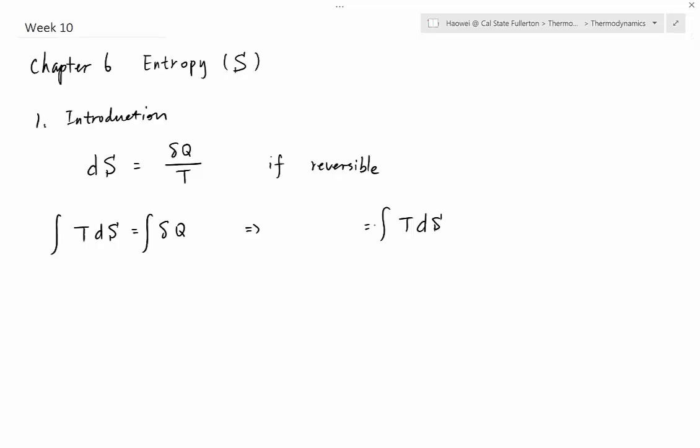The integral and the derivative cancel each other, so what is left is just Q. You can see we can actually calculate Q from this equation. It looks very similar to the other one, which is W equal to integral P dV.